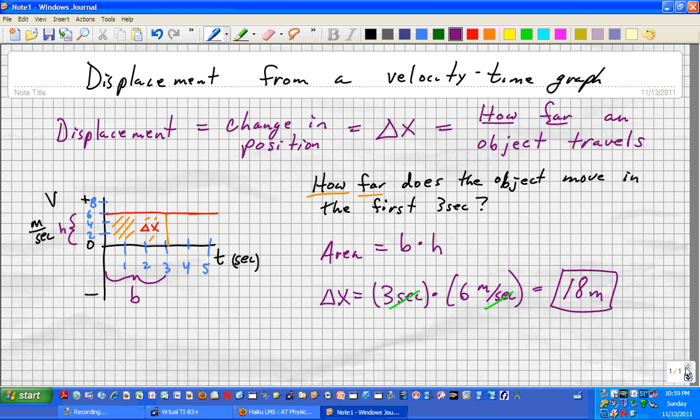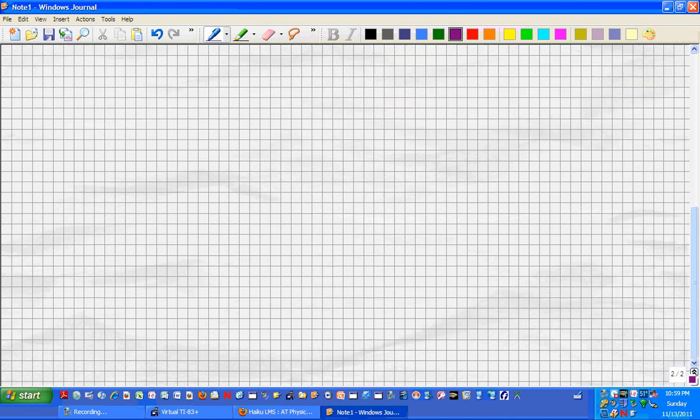We can do this for an accelerating object just as easily. Let's say that we have a velocity time graph that looks something like this. And velocity in meters per second, time in seconds. And let's see, we've got 1, 2, 3, 4, 5, 6, 7.